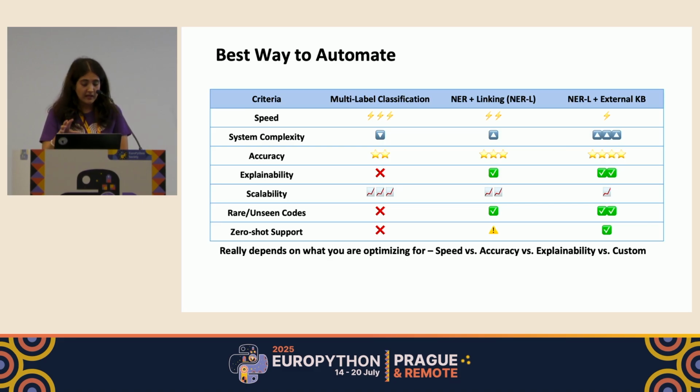But NERL plus KB, since there are a couple of components that sit within the pipeline, might be relatively slower. However, you can speed things up if you efficiently design your systems. Coming to the system complexity, like I already said, NERL plus KB is the most complex to implement because there are so many things that you need to take care of.